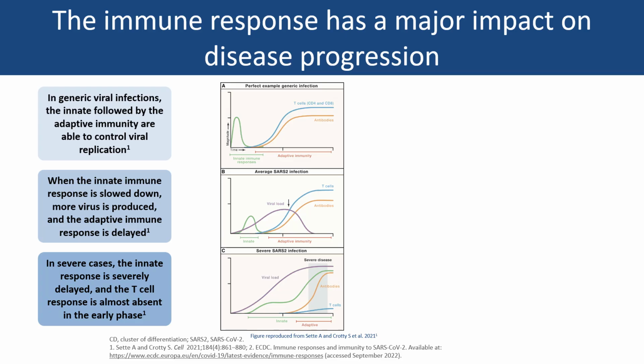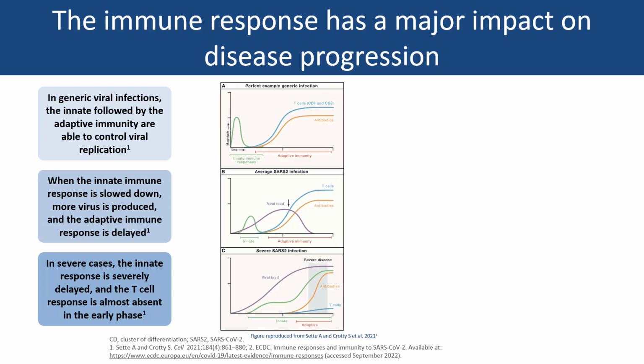However, in the average SARS-CoV-2 infection, the innate immunity is delayed and more virus is produced, increasing the viral load significantly. In severe cases of COVID-19, the innate immune response is delayed even more, and this also affects the specific T cell response, which is almost absent, at least in the early phase of the infection. This leads to a very high viral load.